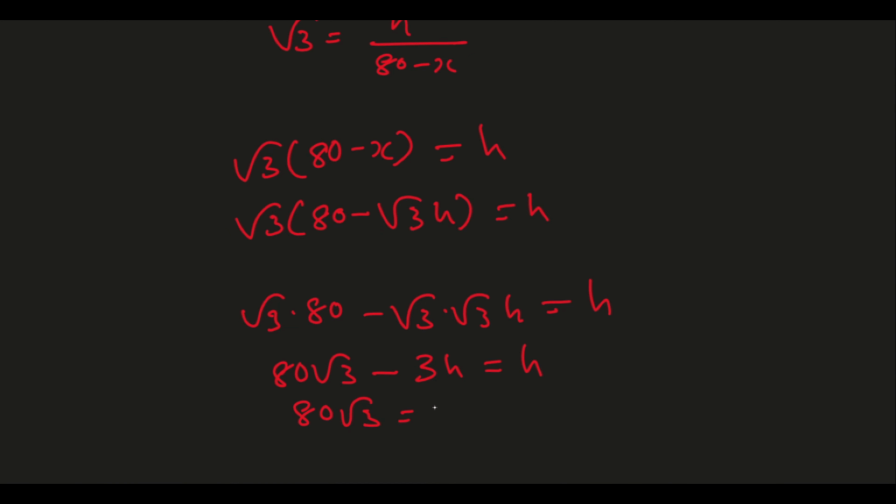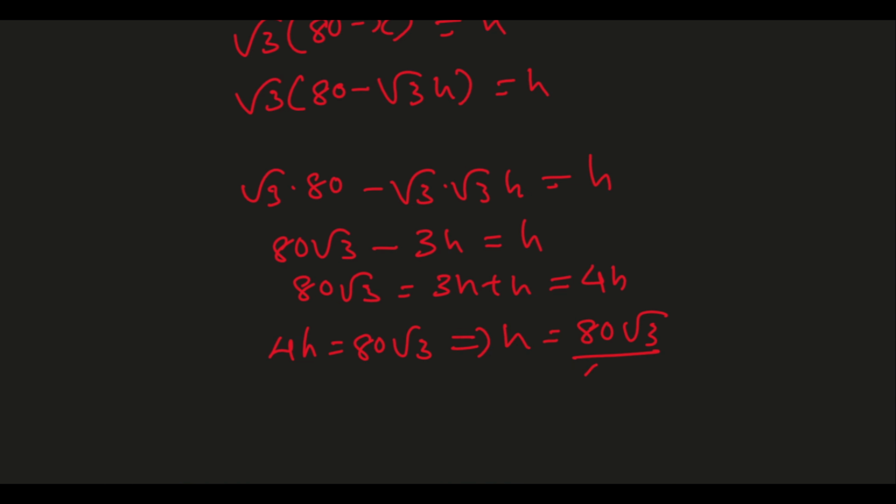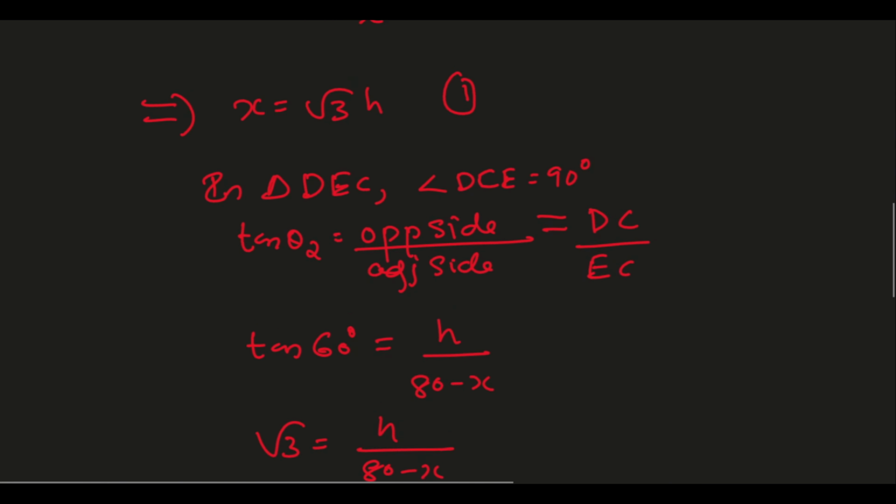80 root 3 is equal to 3H plus H, which is equal to 4H. 4H is equal to 80 root 3, which implies that H is equal to 80 root 3 by 4, which is equal to 20 root 3 meter. So we get the height of the poles as 20 root 3 meter.